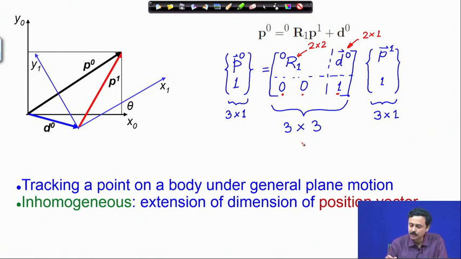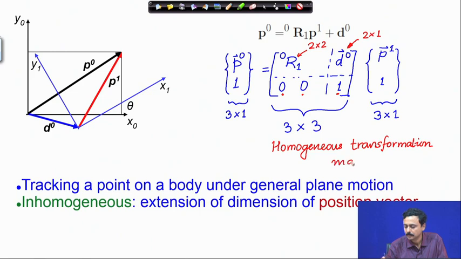This matrix is known as the homogeneous transformation matrix.